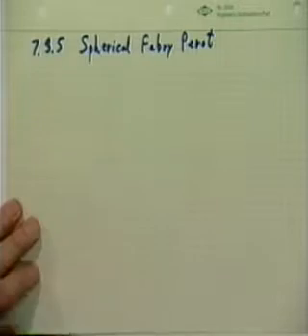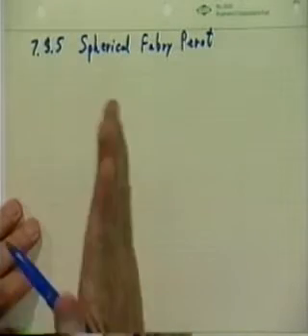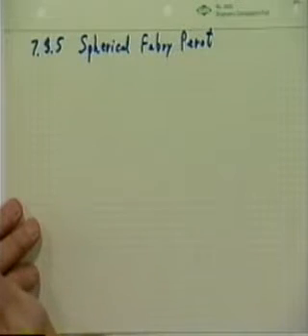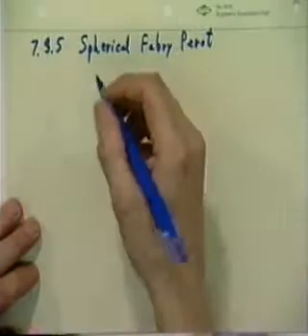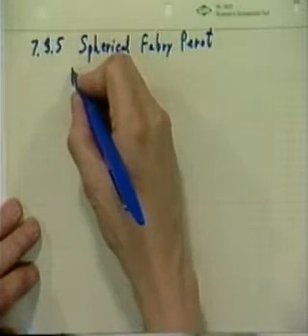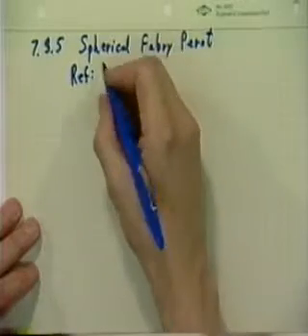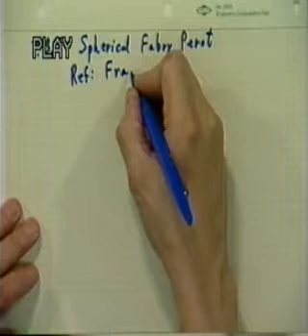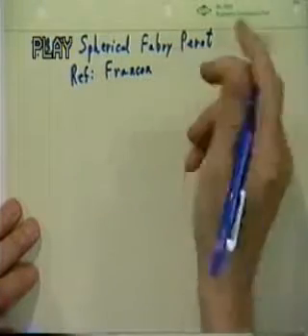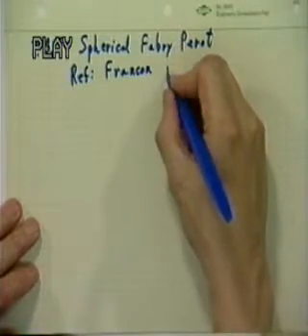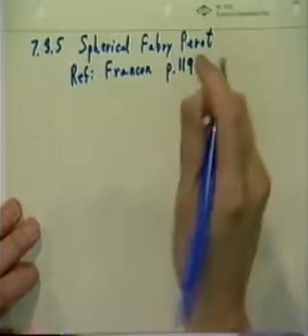So far we've only talked about Fabry-Perots where the plates are plane. But you can probably go to spherical ones as well. And the reference where I've taken this material from, it's in a lot of places, but one reference is from Sohn's book on optical interferometry, about page 119 it's described.